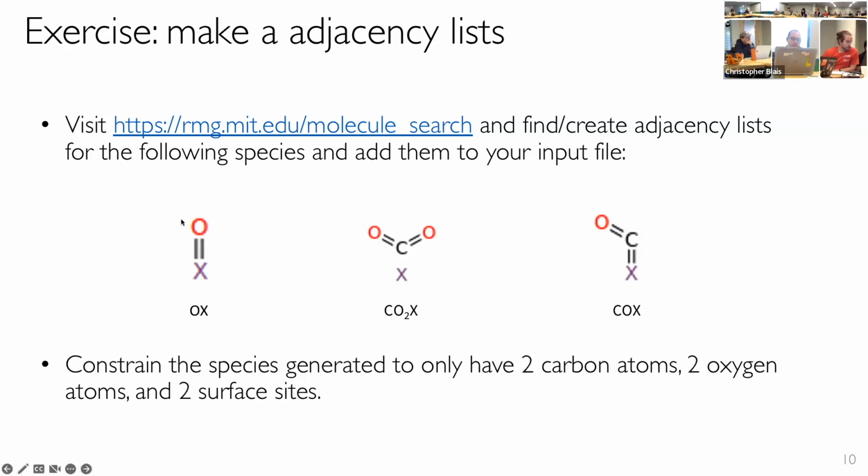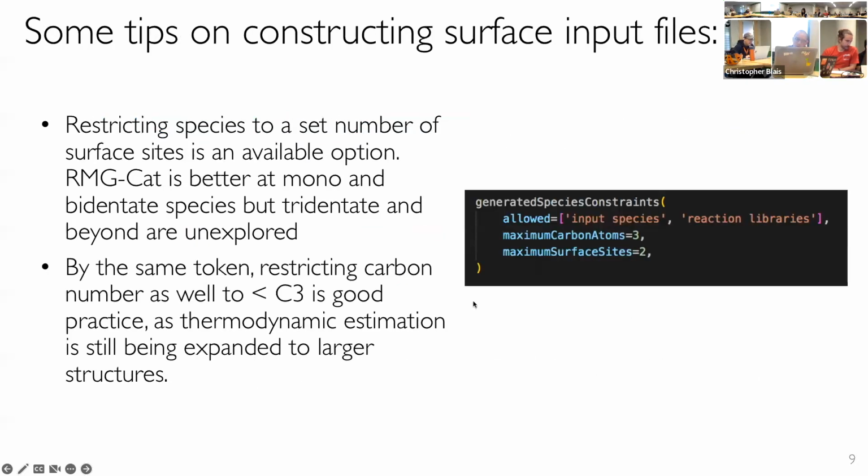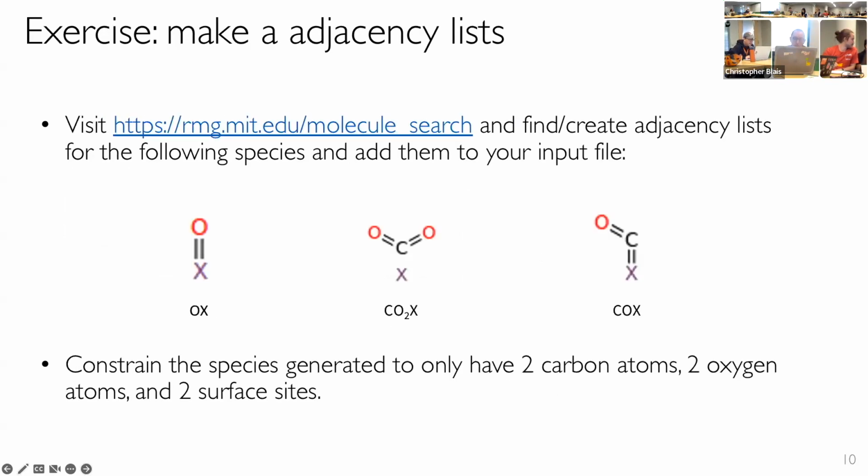So I put adsorbed oxygen, physisorbed CO2, and adsorbed carbon monoxide. And when you're putting together this input file, as I've shown on the last one, if you constrain your mechanism in the generated species constraints input block to 2 carbon atoms, 2 oxygen atoms, and 2 surface sites, that should keep your problem fairly tractable for the CPOX example.